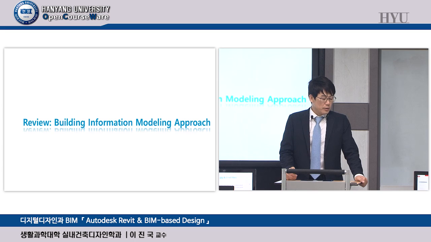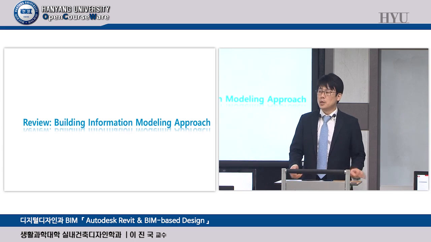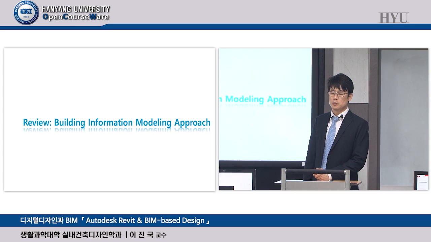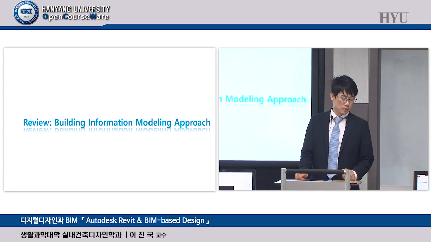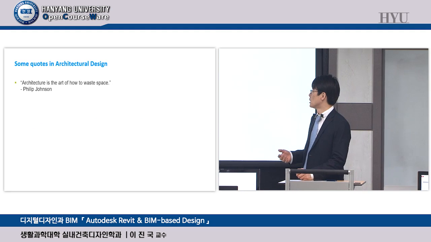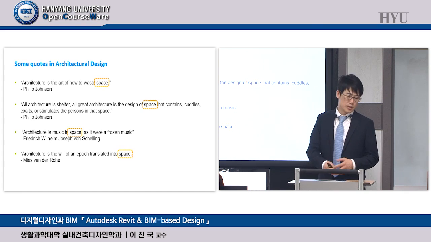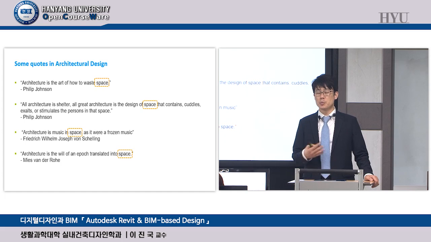Okay, let's quickly review the BIM approach, building information modeling. What is the difference from the geometry-centered approach we have walked through before? Again, some quotes in architectural design all say something about space, empty space, void space, untouchable.